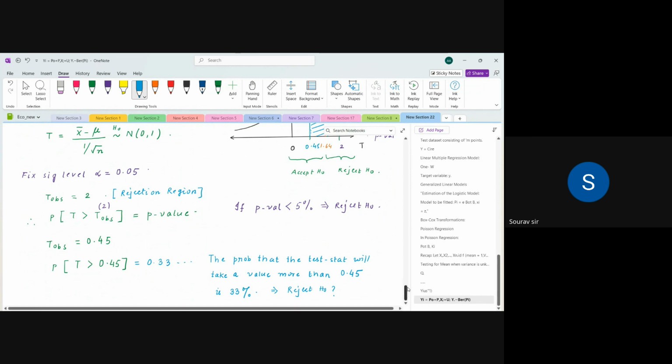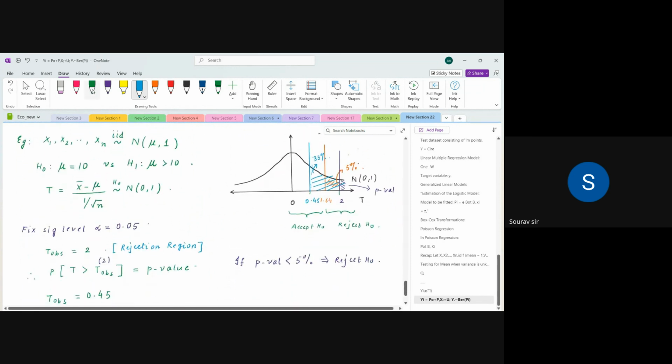For example, if you take some value less than 0.45 as well, let's say you're taking 0.2 for instance. Tell me, what will its p-value be? Will it be more than 33% or less? More. It will be more.